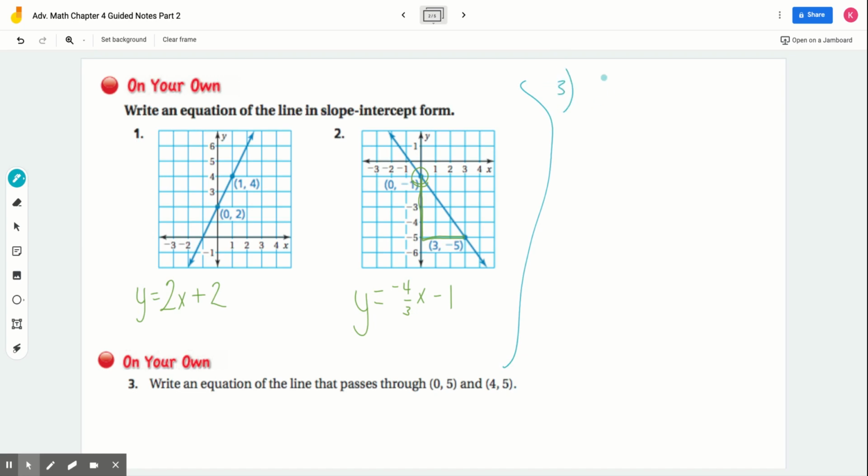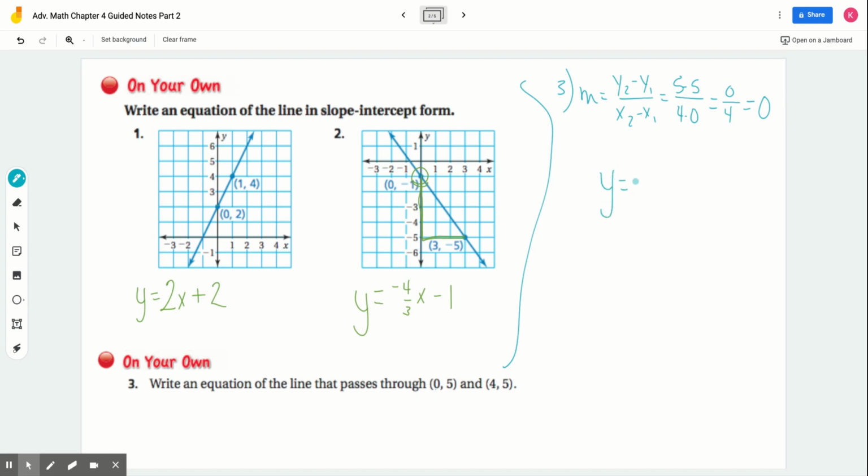For number 3, we can find the slope by using y2 minus y1 over x2 minus x1. 5 take away 5 is 0. 4 take away 0 is 4, and 0 over 4 is 0. Remember, 0 divided by 4 is 0. 0 on the top gives you a 0 slope; 0 on the bottom gives us undefined. So we know that our slope is 0.